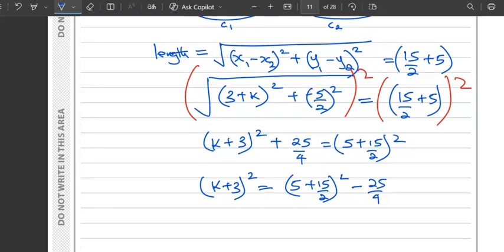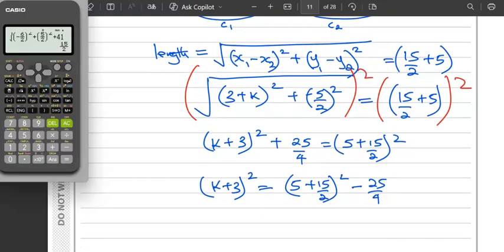So we can use the calculator here. We'll have 5 plus 15 over 2 squared, then minus 25 over 4, and your solution here is 150.